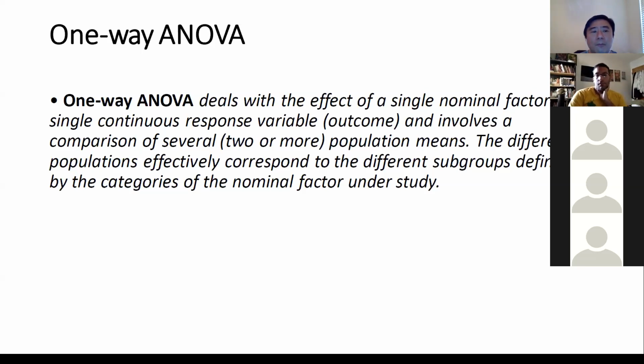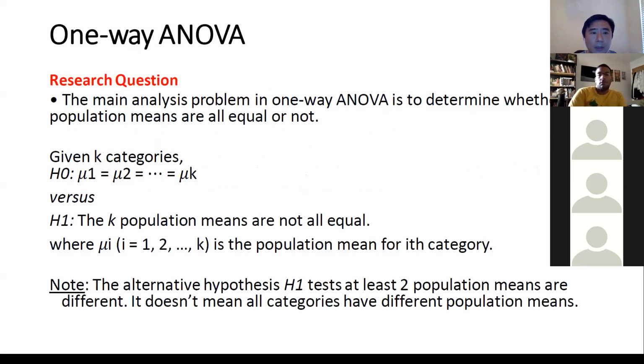If you fail to reject the null hypothesis, you don't need to do the multiple comparison, because you know all the groups are simultaneously equal in terms of the mean value of the response variable. So that's the goal of the one-way ANOVA.